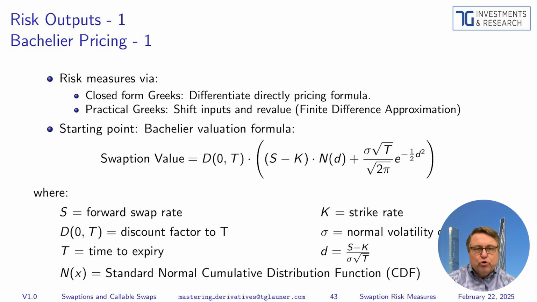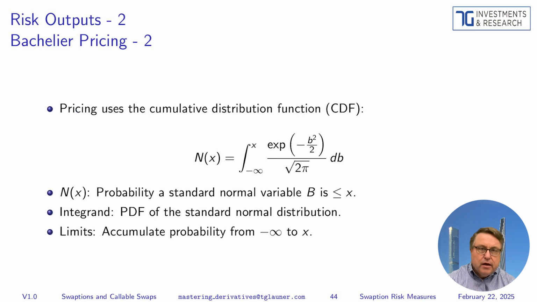I do want to point out the standard normal cumulative distribution function n of x, which we'll discuss further in the next slide. I suggest you take the entire Bachelier formula as a given, but let us talk more about the normal cumulative distribution function. So n of x represents the probability that a standard normal variable is less than or equal to x.